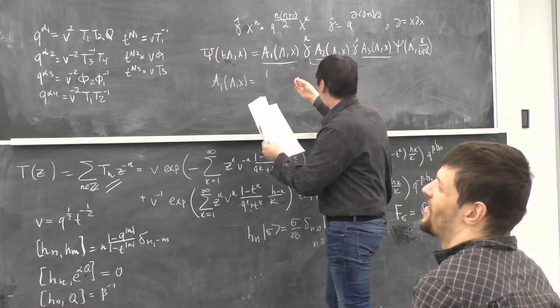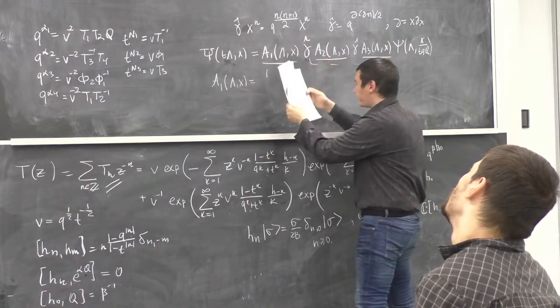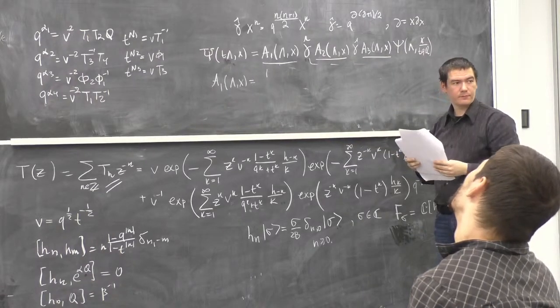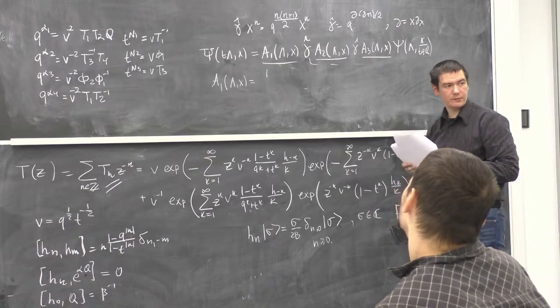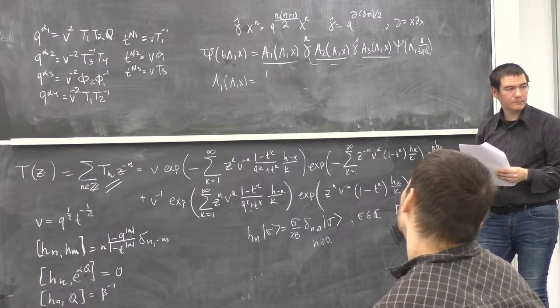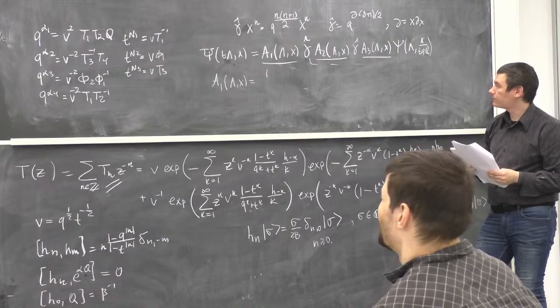This is an operator of multiplication by a function. So if gamma is just a shift operator, so it's exponential of d squared, then I would write down something like gamma times x is some factor times x times gamma.